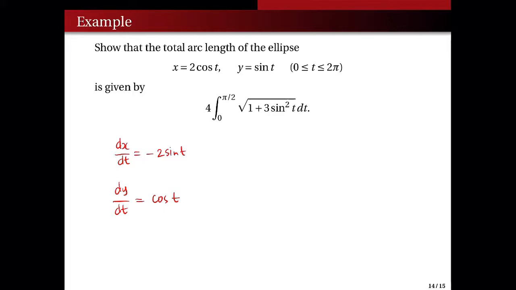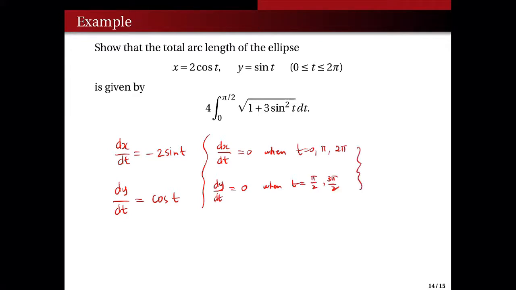So in here, dx over dt is equal to 0 when t equals 0, pi, and 2 pi. On the other hand, dy over dt is equal to 0 when t equals pi over 2 and 3 pi over 2, which means that the curve is smooth.